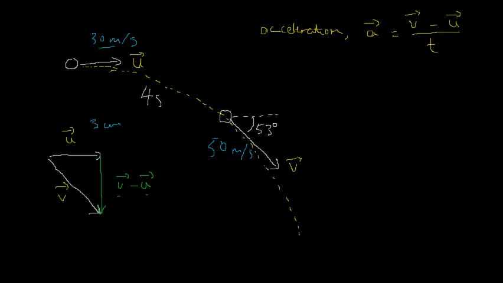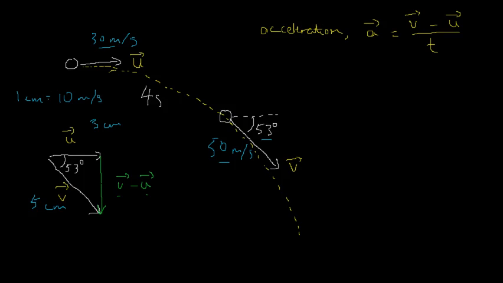So I'll take 1 cm to represent 10 meters per second. For the vector v, I have 50 meters per second, so I'm going to draw a line 5 cm long at this angle of 53 degrees. I can measure that out with a protractor.